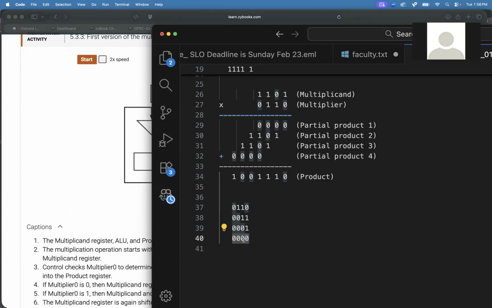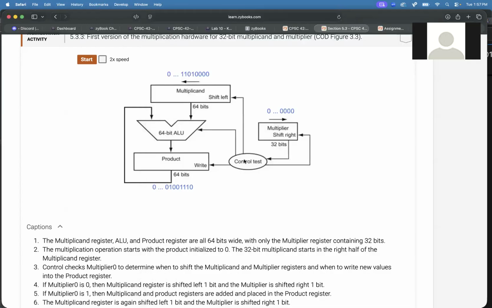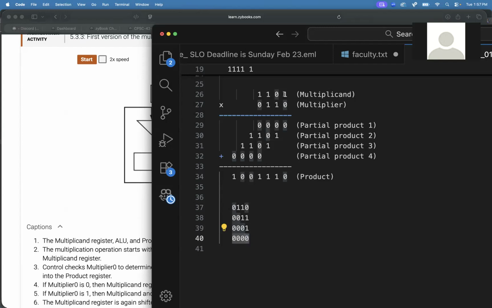Then, based on the rightmost digit, we will decide whether we should be adding a 0000 or whether we should be adding a 1101, right?